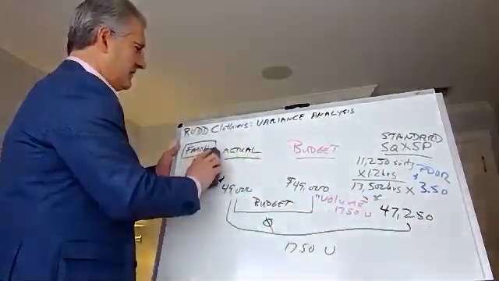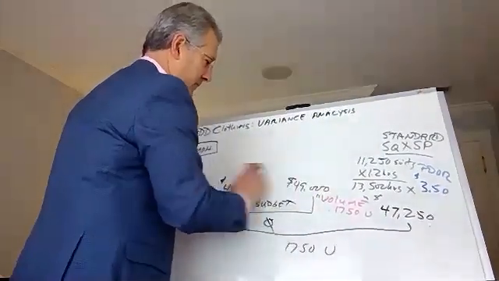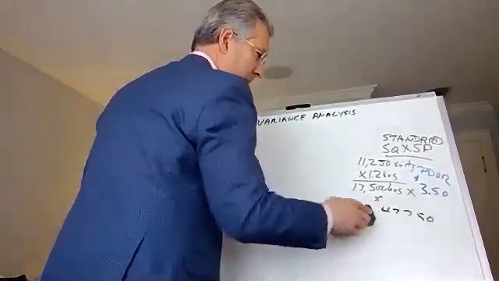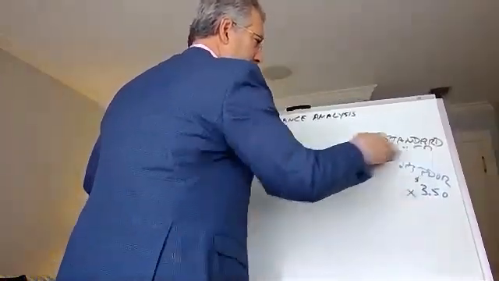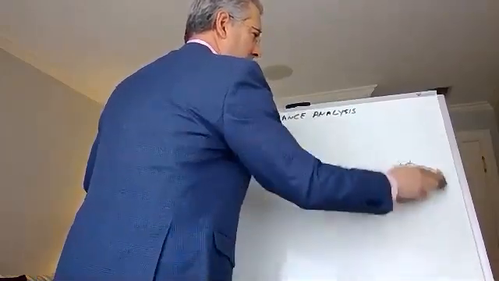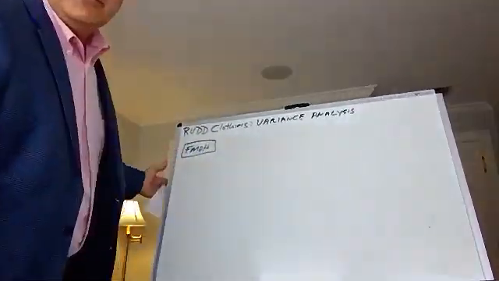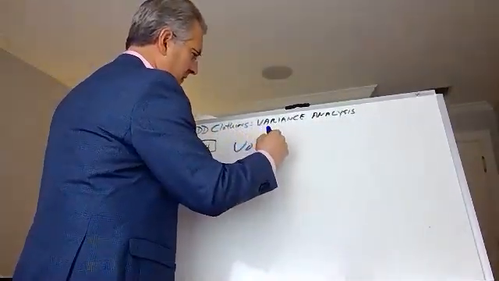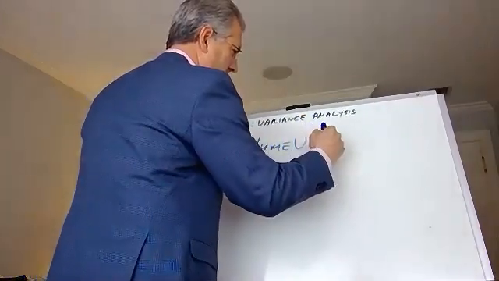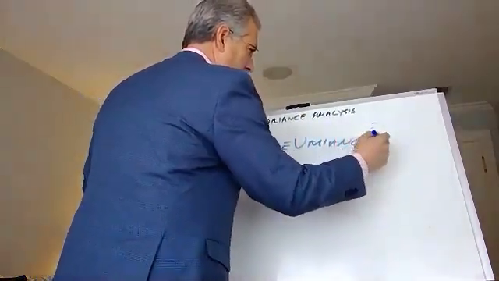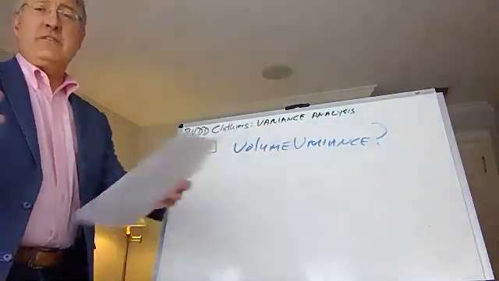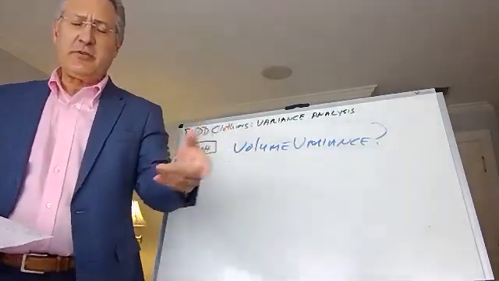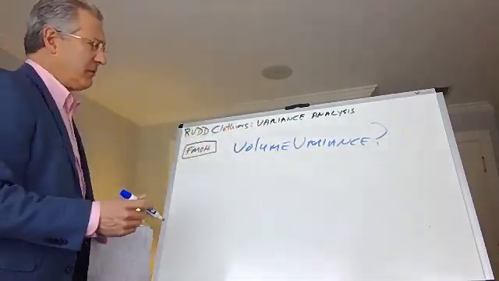So let's take a look at this. We want to understand the fixed manufacturing overhead volume variance. It's a difference between what they budgeted to produce and what they actually produced.